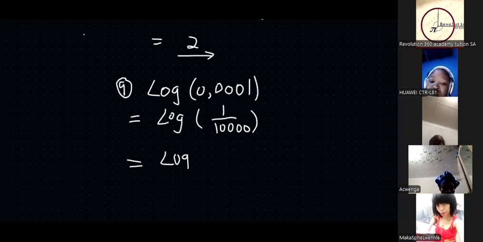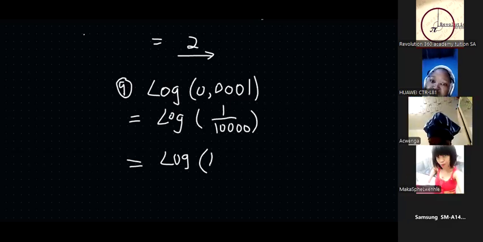So you change 1 over 10,000, writing it in exponent form. So 1 over 10,000 in exponent form is the same as writing 10,000 to the exponent of negative 1. Are we all here?